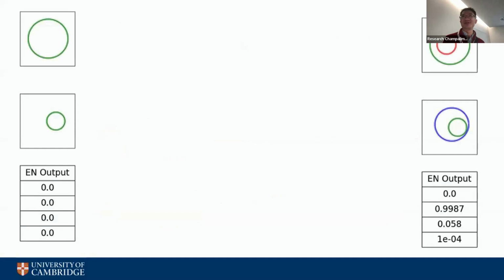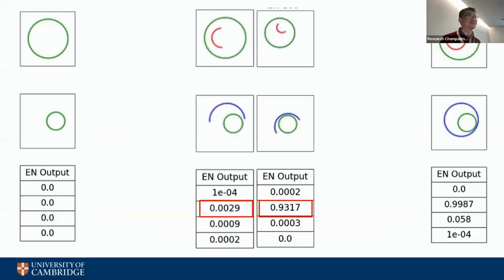Does this network reach the rigor of syllogistic reasoning? Again, no. We can feed half green with half red and half green, half blue. In that case, this half circle is undetermined. Sometimes it completes it as a full circle, sometimes it ignores it as a single case. So this is an undetermined case.